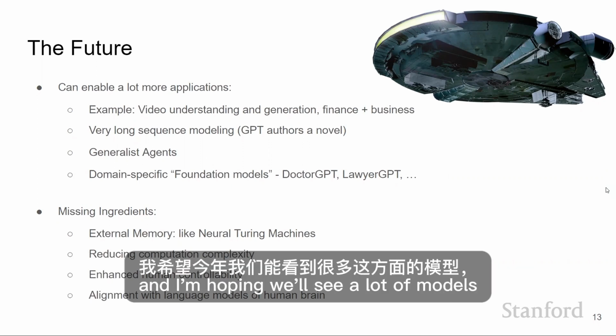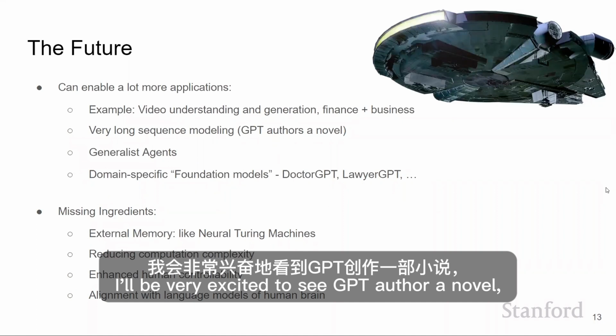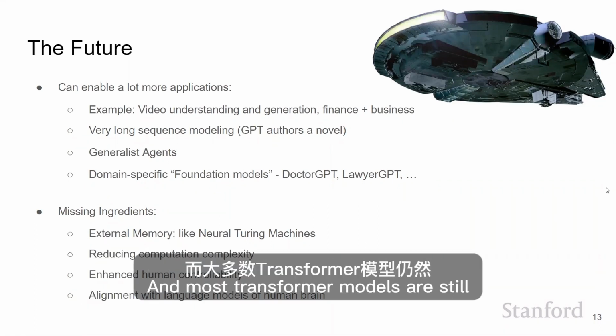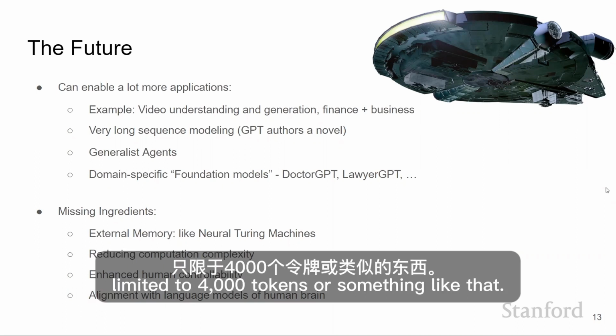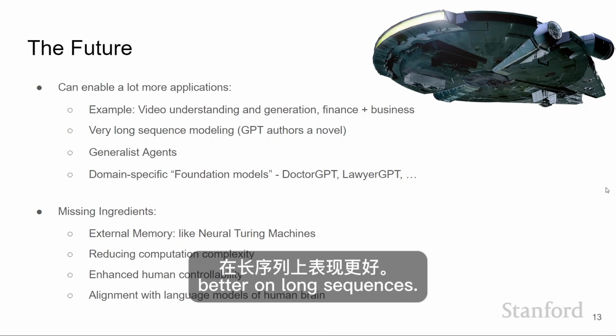And I'm hoping we'll see a lot of models in this area this year. Also finance, business. I'll be very excited to see GPT author a novel, but we need to solve very long sequence modeling. Most transformer models are still limited to about 4,000 tokens or something like that. So we need to make them generalize much better on long sequences.